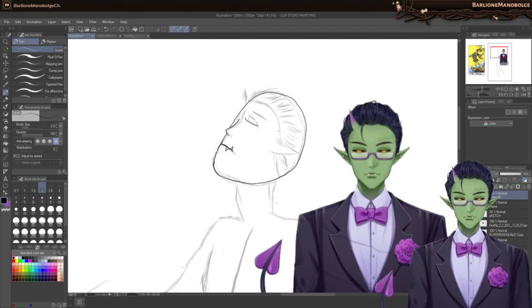Fortunately, I suppose, because of the color of my sclera, you actually have to outline the entirety of the eye.